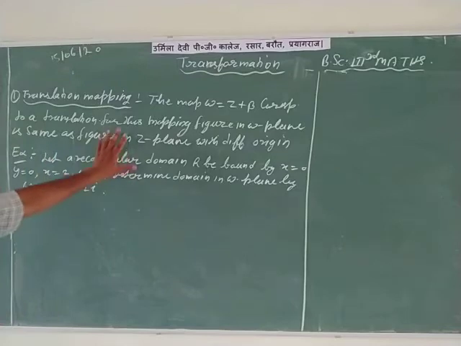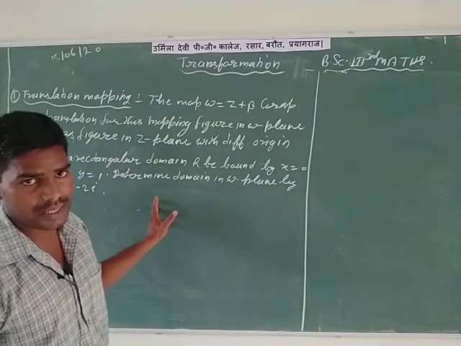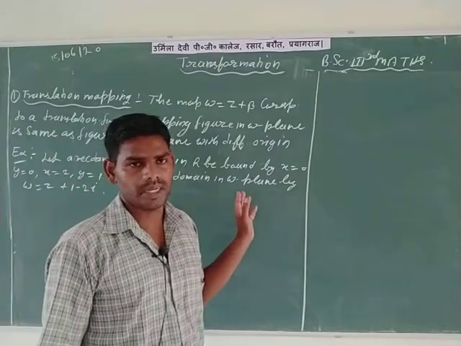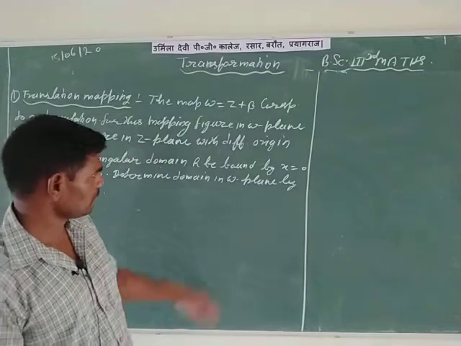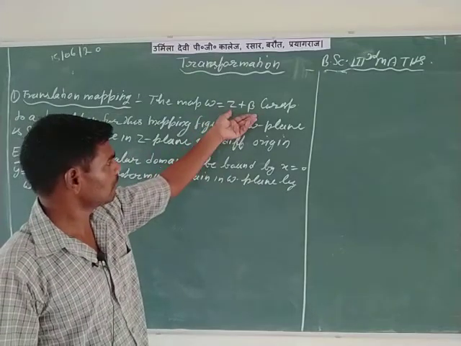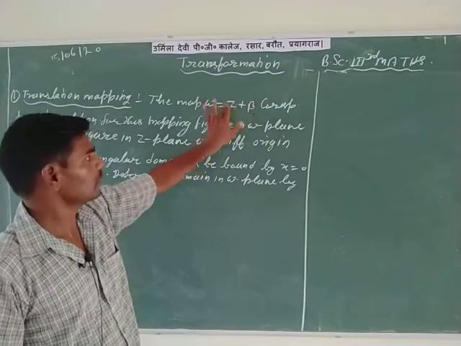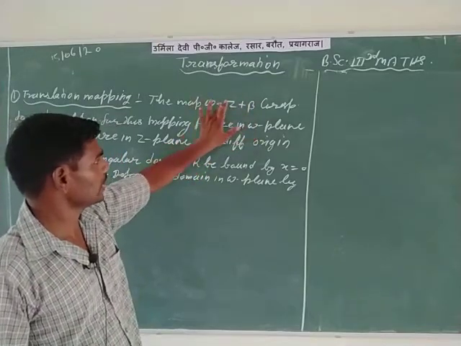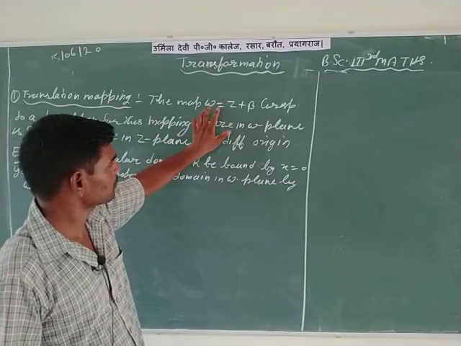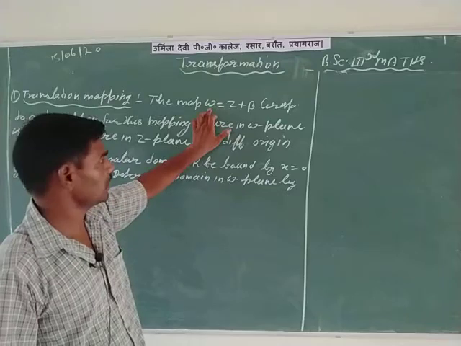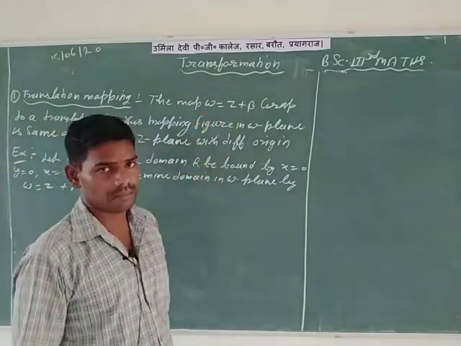In this mapping the shape will be the same in the Z plane and the W plane, but the size will be changed, because the size changes by beta times of Z. So the area covered in the Z plane is mapped to the W plane according to the translation mapping.